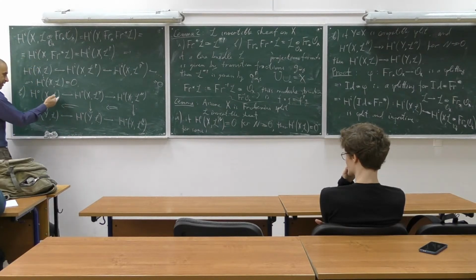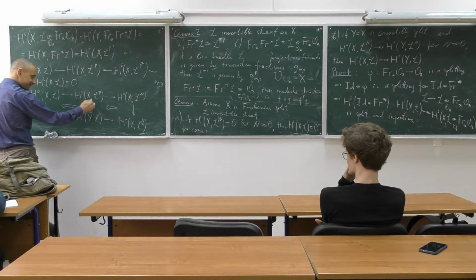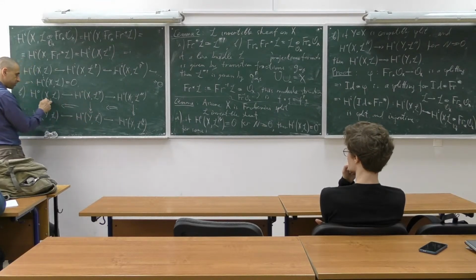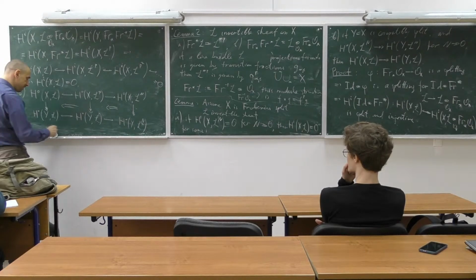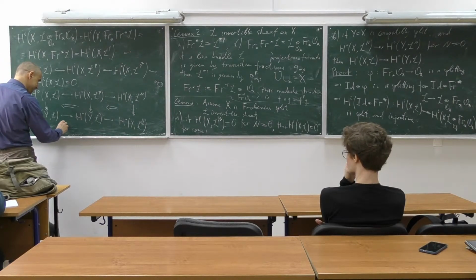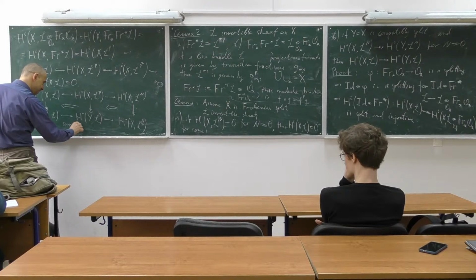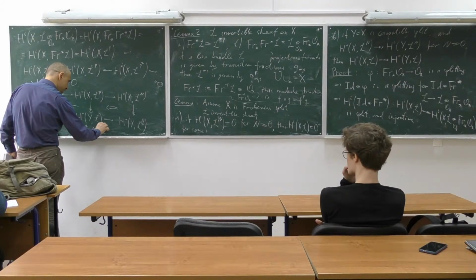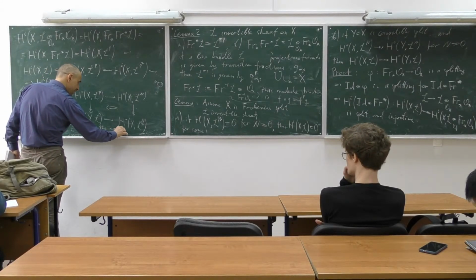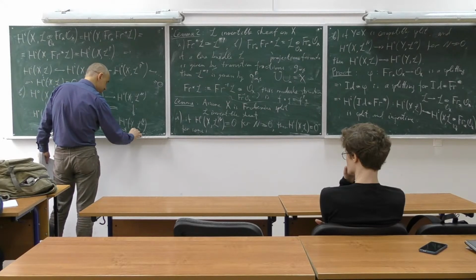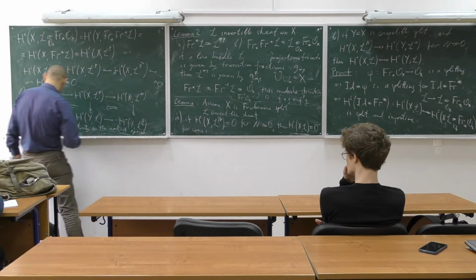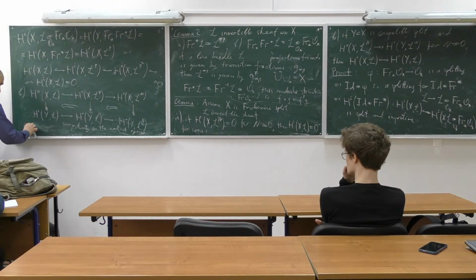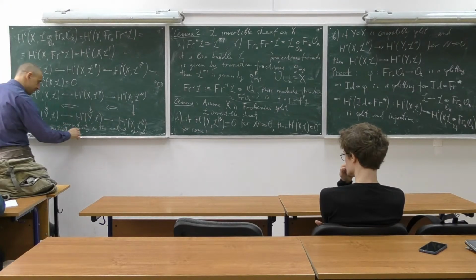So once again, these are just direct summands. Since it's surjective on the big space, it must be surjective on the direct summands. Surjectivity on the ambient spaces implies surjectivity on direct summands.